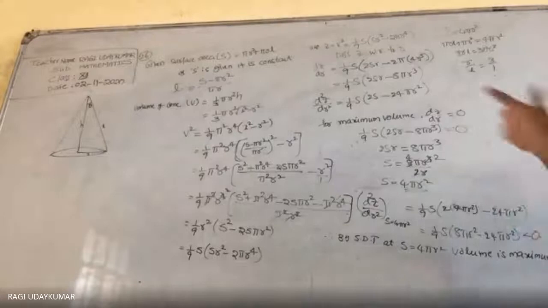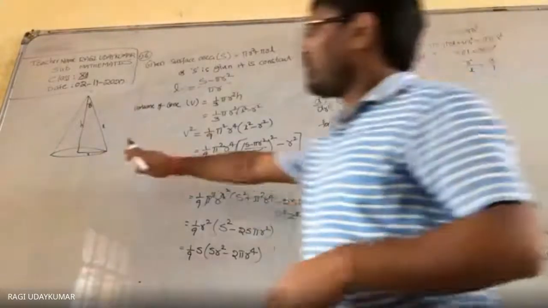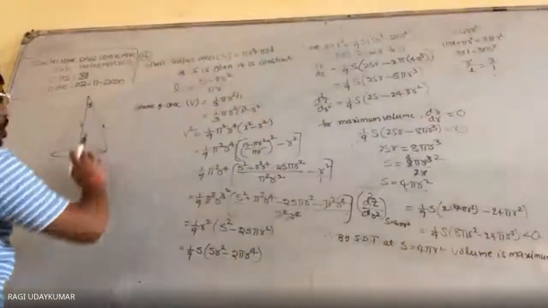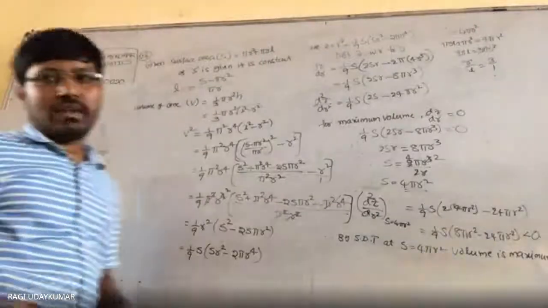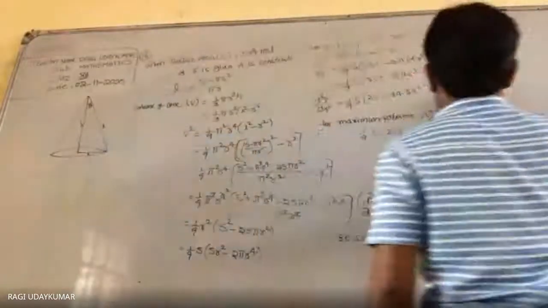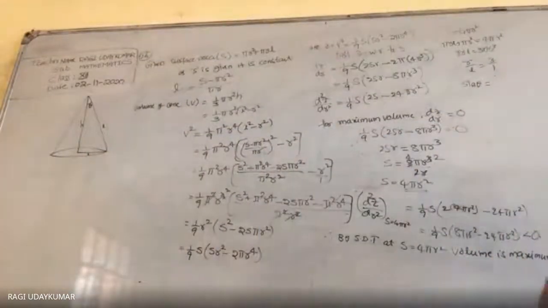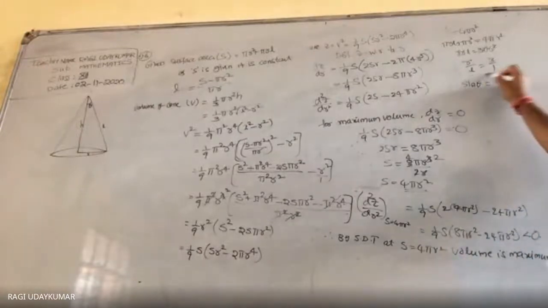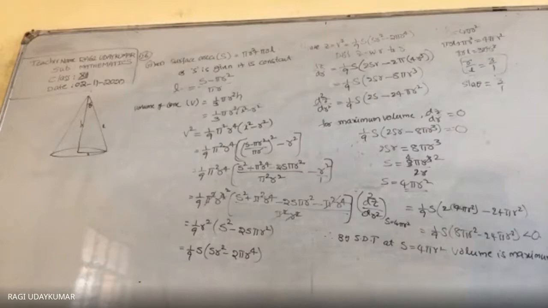What is r by L? Opposite by hypotenuse of theta. Opposite by hypotenuse is sin theta. We got r by L is equal to 3 by 1, so sin theta is equal to 3 by 1. Wait.